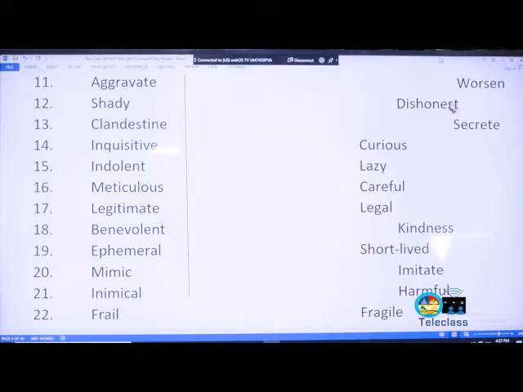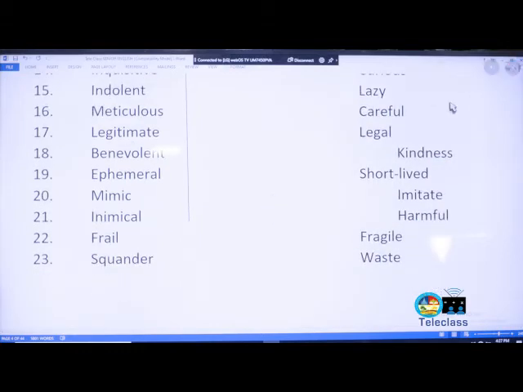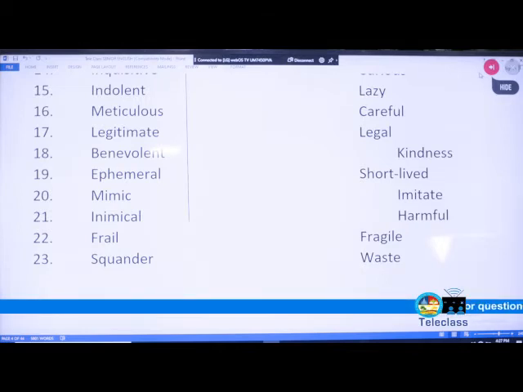Frail means something that is not strong. Something that can break easily is fragile. So that is what frail means. Then we have squander. What does squander mean? Squander means to waste. So when you like wasting things, it means you are squandering things.